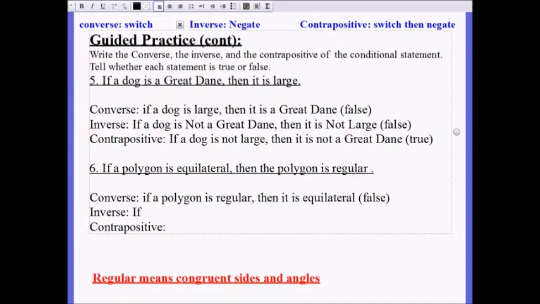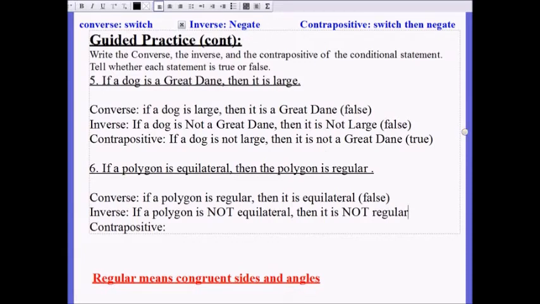Next, the inverse: if a polygon is not regular, then it is not equilateral. Okay.